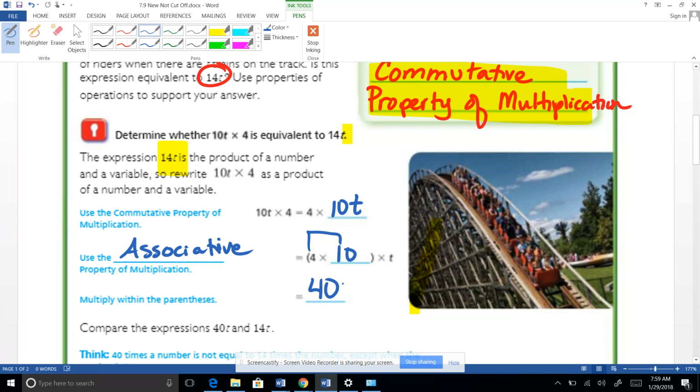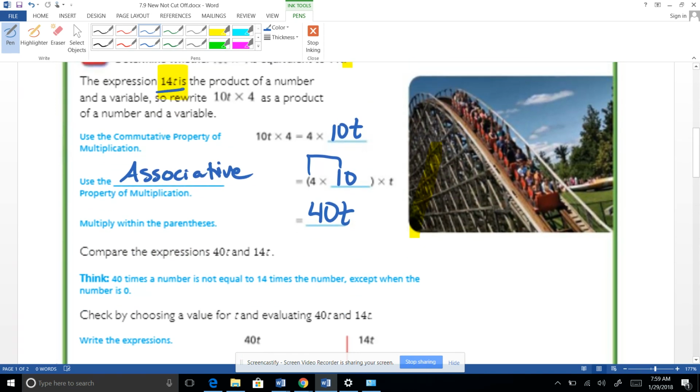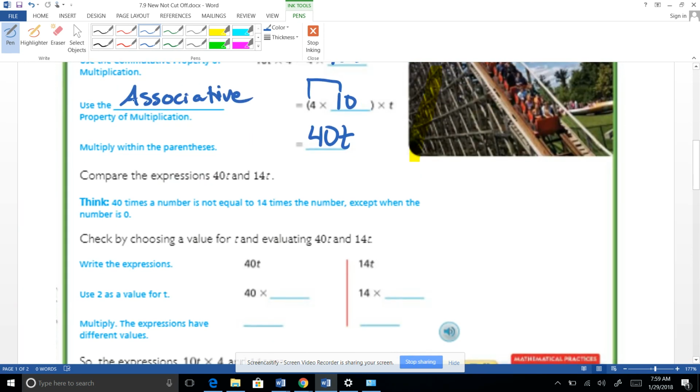And so that's 40t. So now when we compare it to what we had up here, which was 14t, is that equivalent? No, but let's check just by using the values of a number that we can substitute in for t.